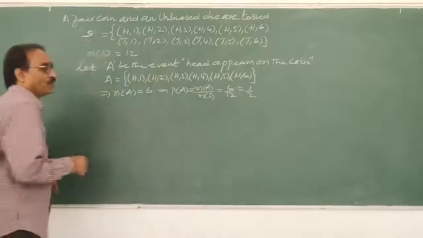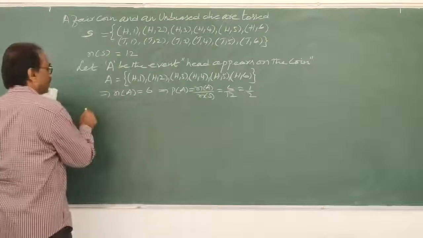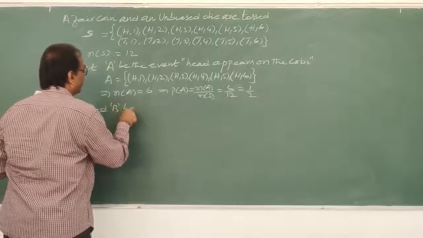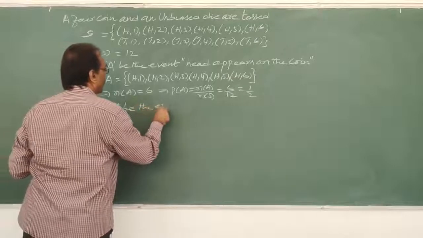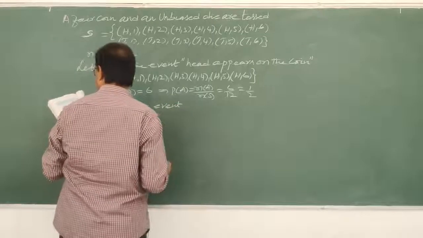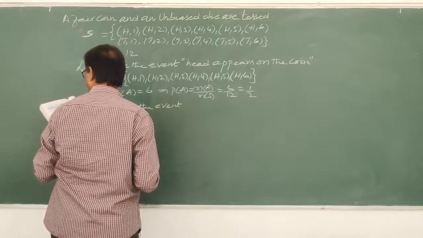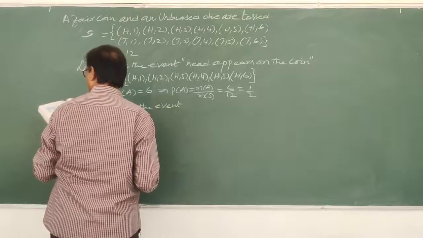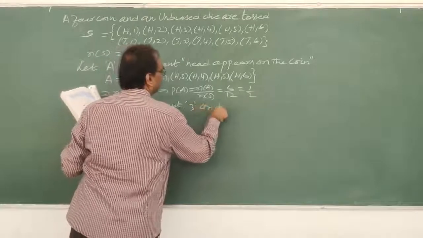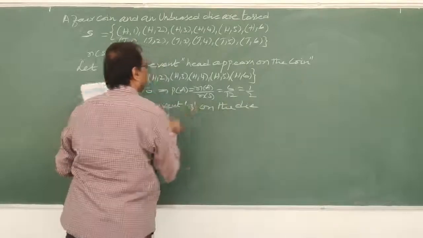Okay. Now what is B? The event is given: B be the event, 3 on the die.